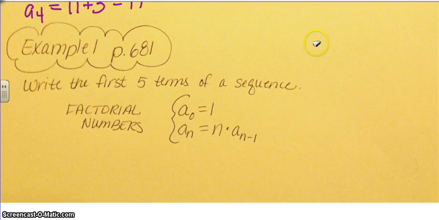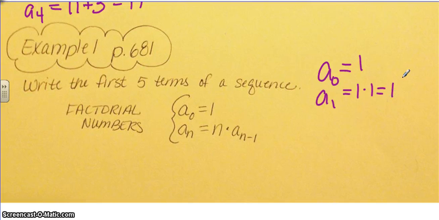So we're told a sub 0 is equal to 1. That's the first term. My second term is a sub 1, and to get that I need to take n times a sub n minus 1. So take n, which is right here, 1 times the term that came just before this. So 1 times 1 is 1.